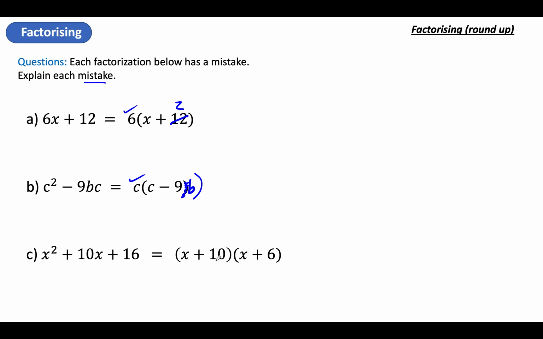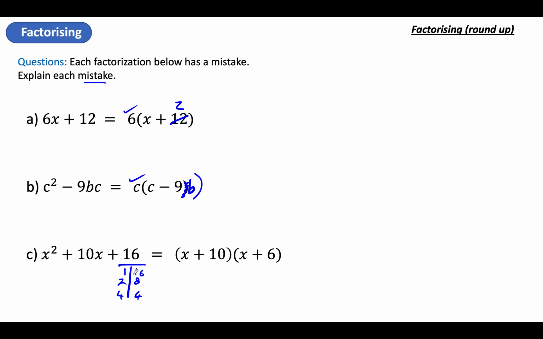And last one, we've got x plus 10, x plus 6. What's wrong with this? Well, certainly when you add them together, you get 16, but that's wrong, isn't it? What we want is a pair of numbers that multiply together to make 16. So you'd need 1 times 16 or 2 times 8 or 4 times 4.